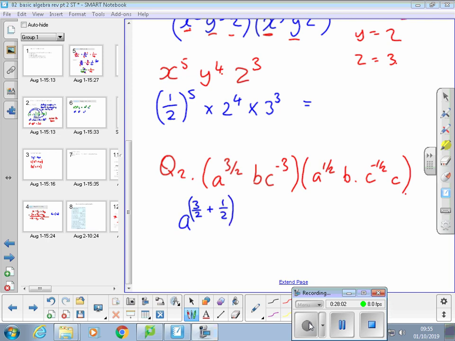Because we've got 2 indices there that are multiplied together, so we can add them. So that's equal to 3 halves plus a half, which is 4 halves, or what is it actually? 2. So the a term is a squared.